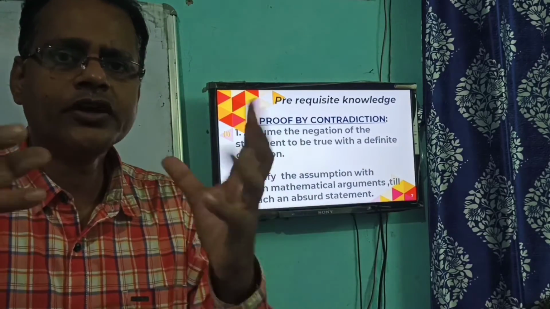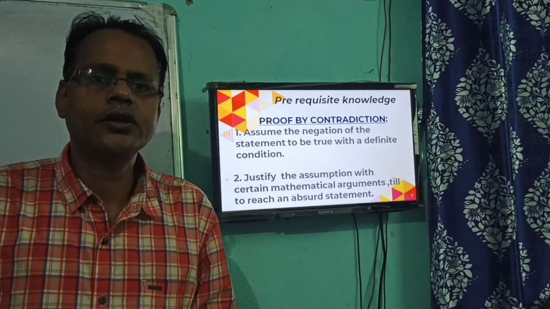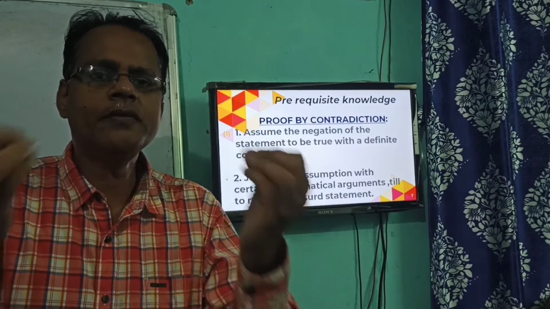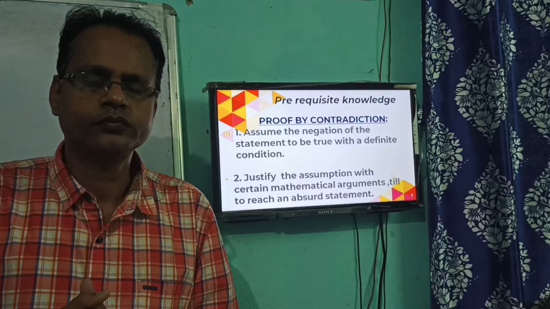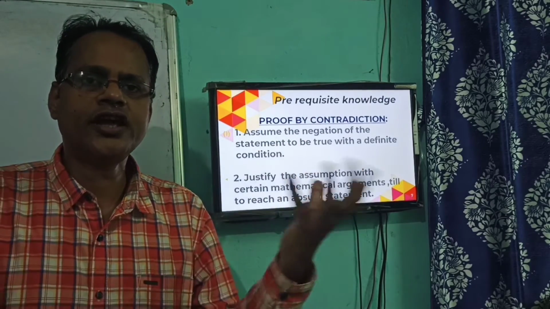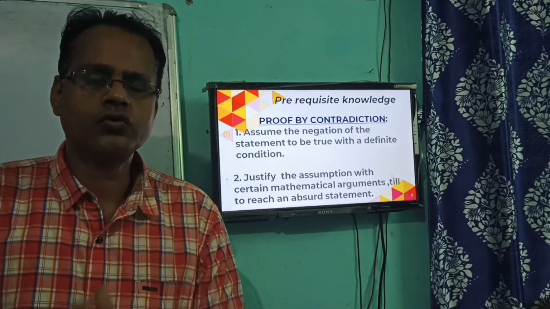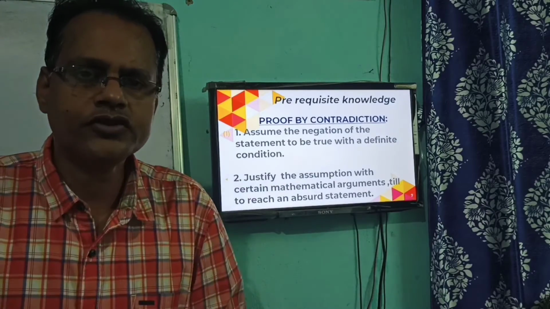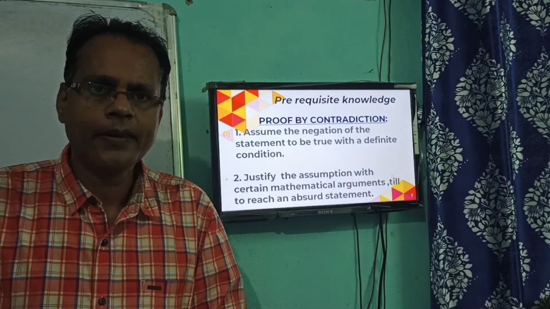What is called an absurd answer here? An absurd answer means something that cannot be mathematically proved. For example, if anyone says that 1 is equal to 2, this is an absurd answer. It's not possible in mathematics.